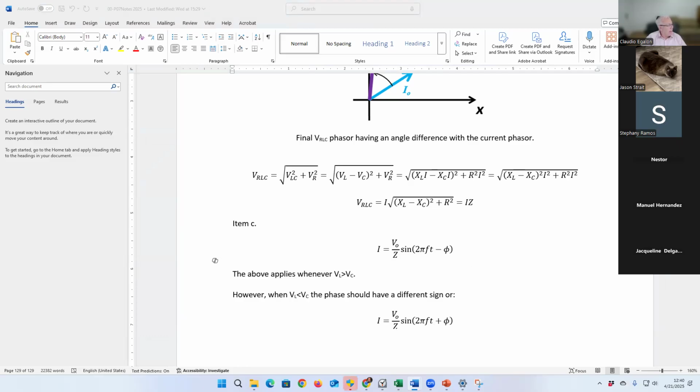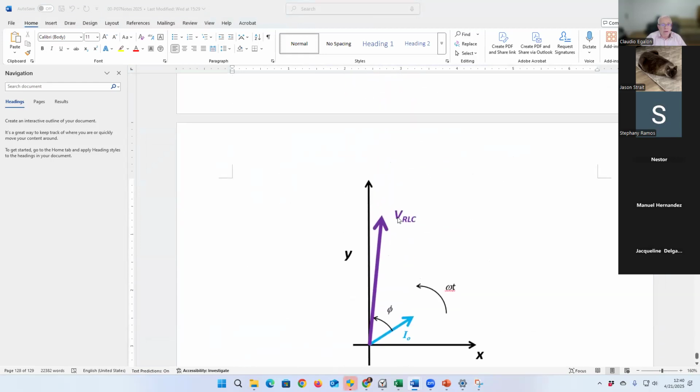And finally, we can find what this angle phi is. What is going to be this angle phi? Let's take a look. Don't forget that we have VL minus VC here, and we have VR here.